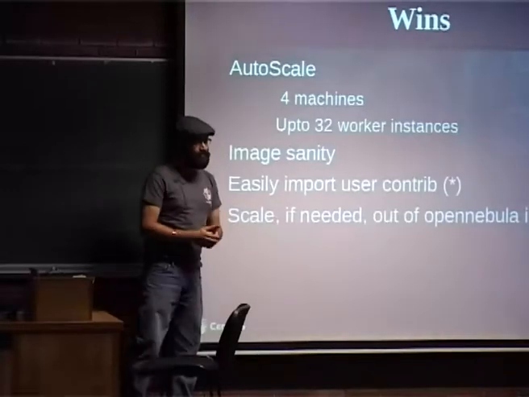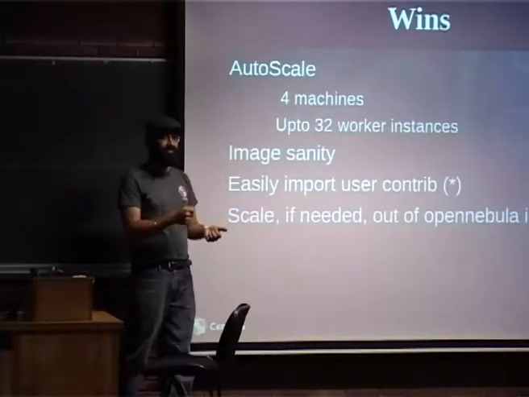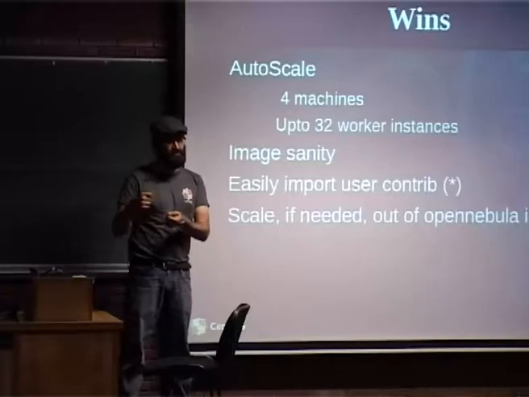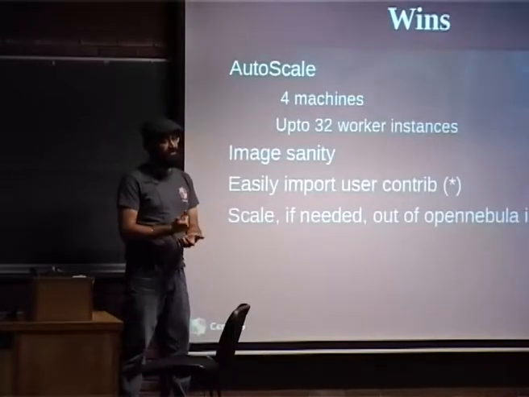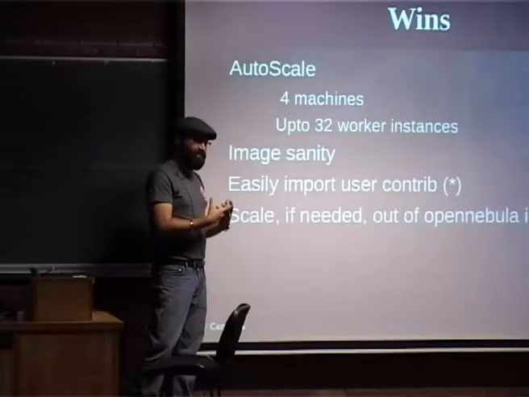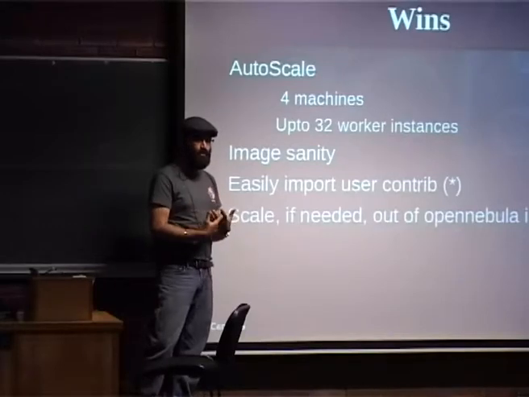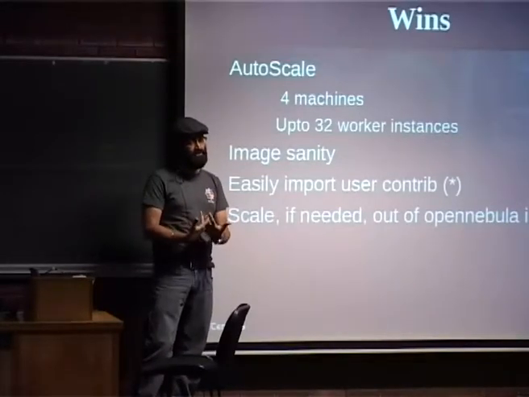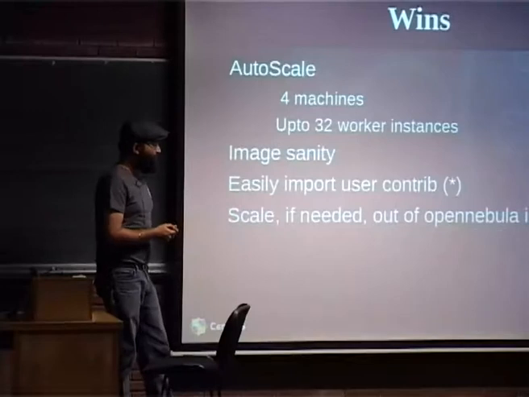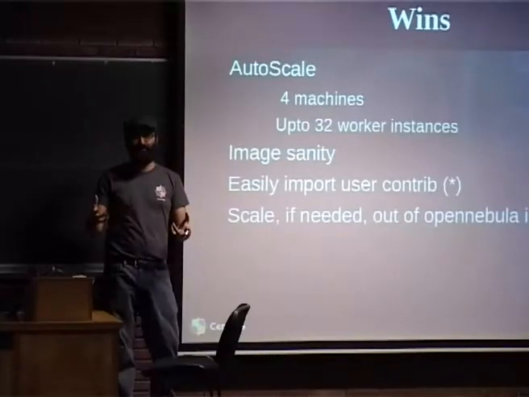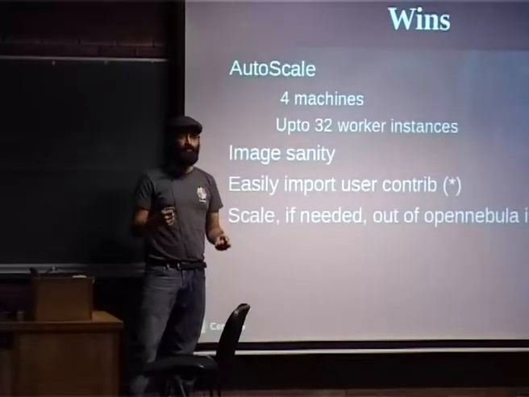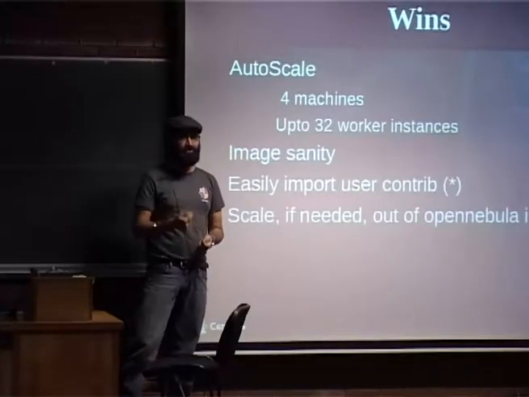The other thing that we also get easily is image sanity. Because we've tested those images with a set of scripts that we've got, we can guarantee that the images are sane. So as long as we can protect the data store, which has the raw images, we know that nobody can actually influence what's in those images. What this also lets us do is that technically any one of you could say, hey, this is my role. I have a web server which has these 100 things installed in it.